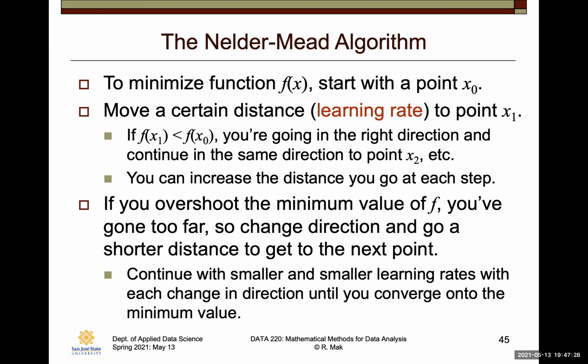And so the idea is that you are converging upon that value of x that gives you the minimum value of the function. Okay, so that is the algorithm, and it probably is easier to show than try to explain.